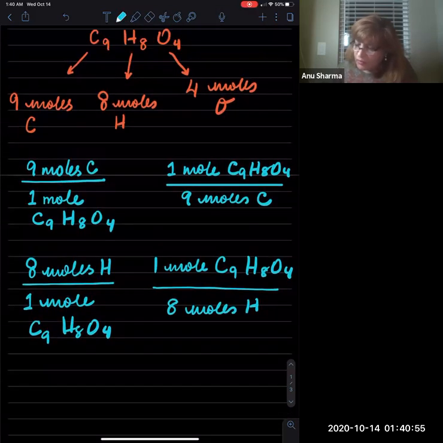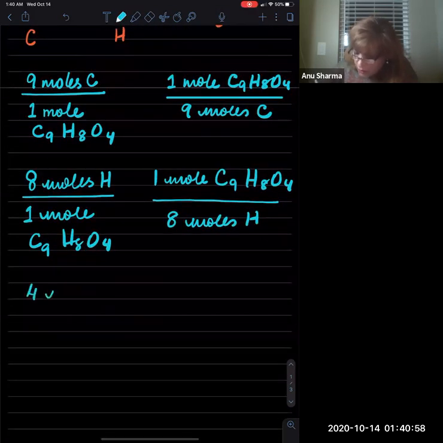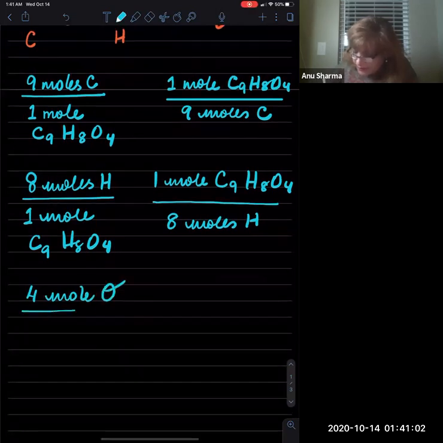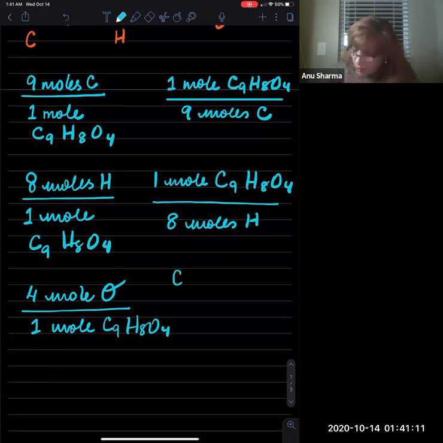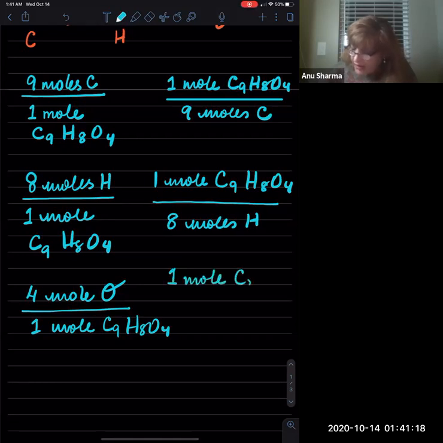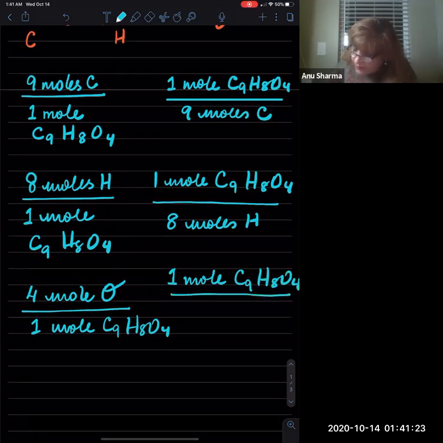Okay, another one is the 4 moles of oxygen are present in 1 mole of C9H8O4, or 1 mole of C9H8O4 contains 4 moles of oxygen atoms.